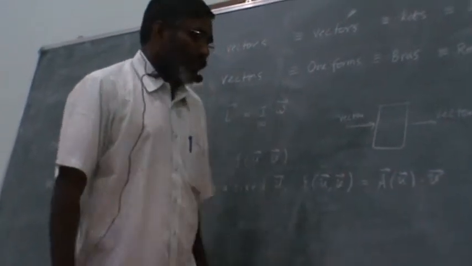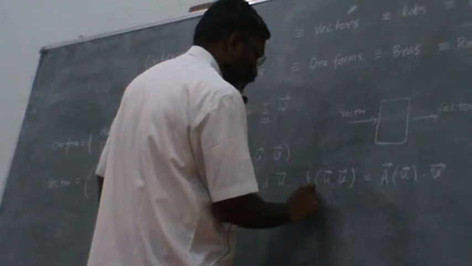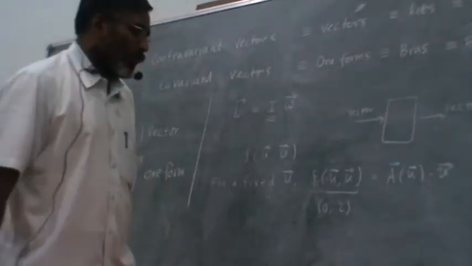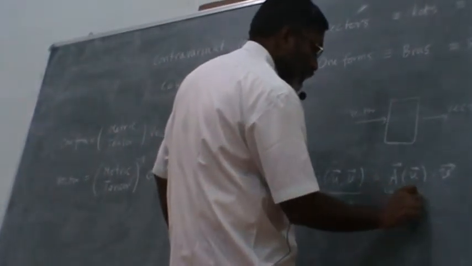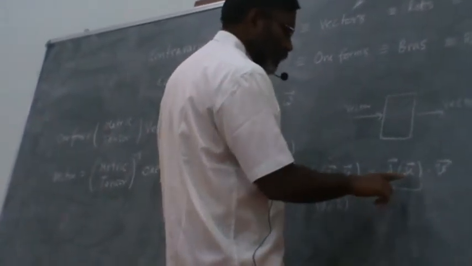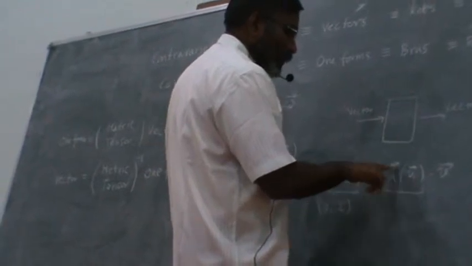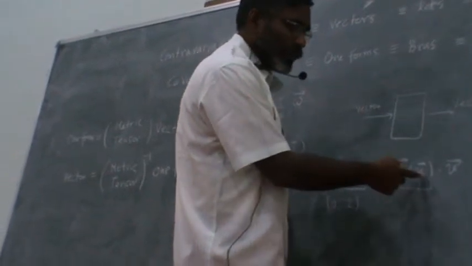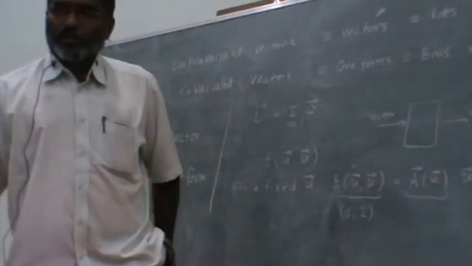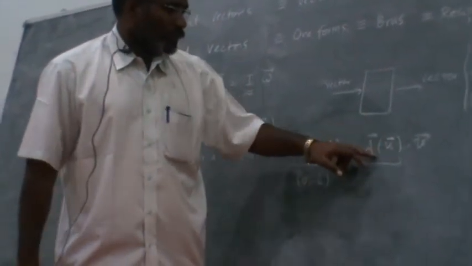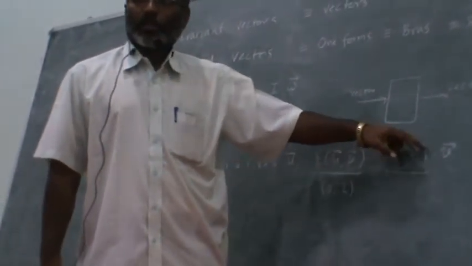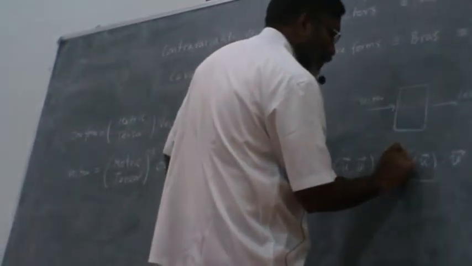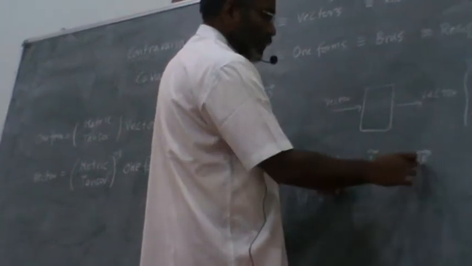Okay, so now what happens? This is (0,2), whereas this quantity is like one vector, and this is also a vector. So what does this mean? Since I want to get a scalar, this will be like a one form, a tilde of u dot v.